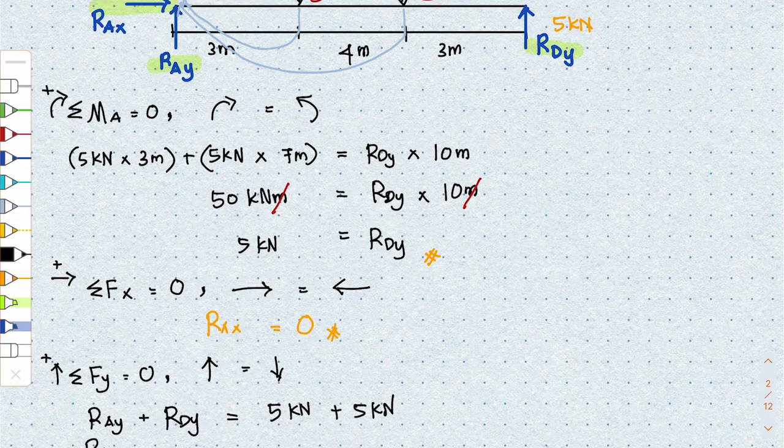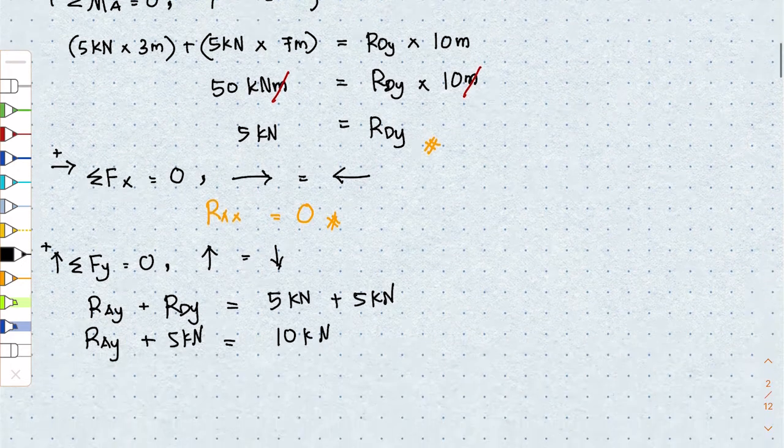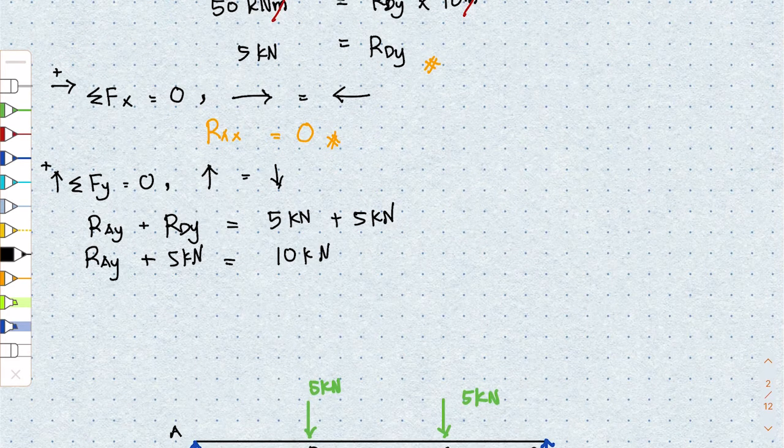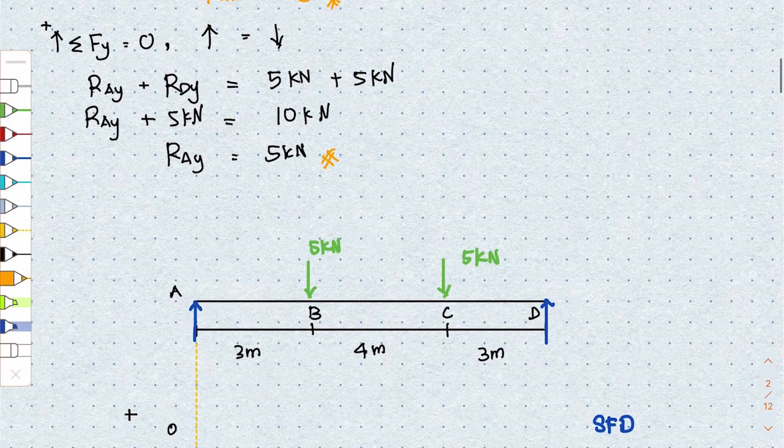And we already know RDY is 5 kilonewton. Just replace the value and you will get something like this, which you will get the RAY equal to 5 kilonewton. For the next step, baru kita akan dapat draw the shear force and bending moment.